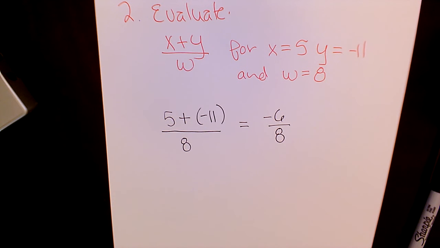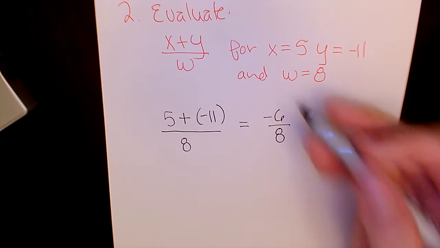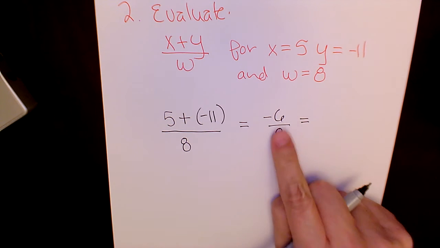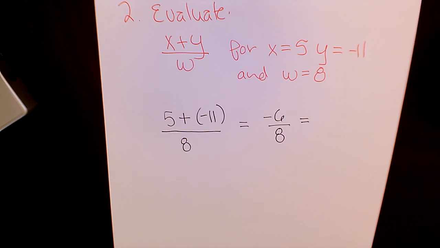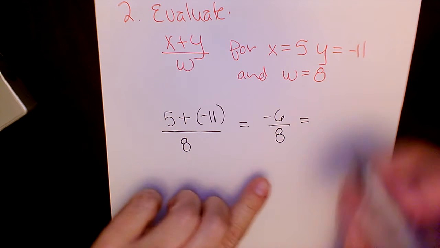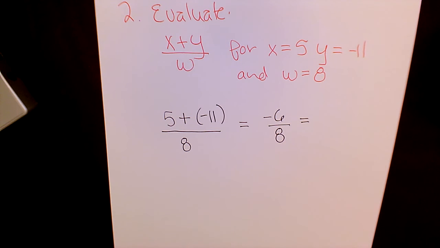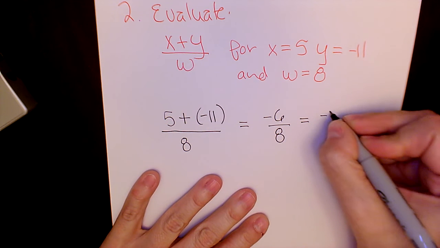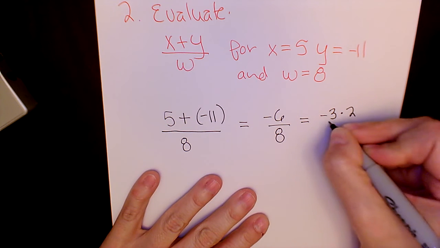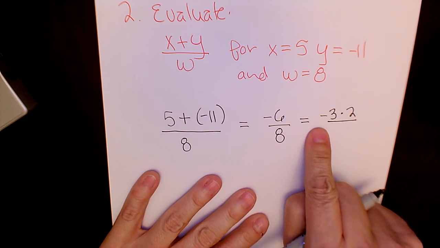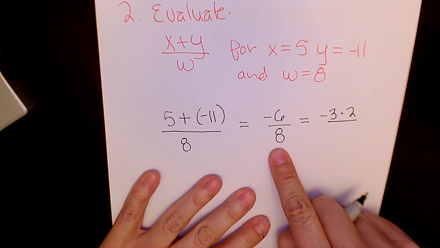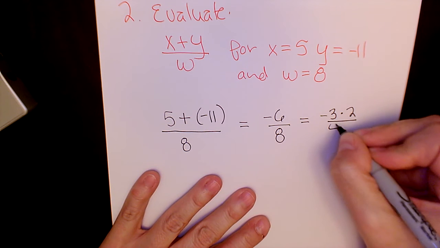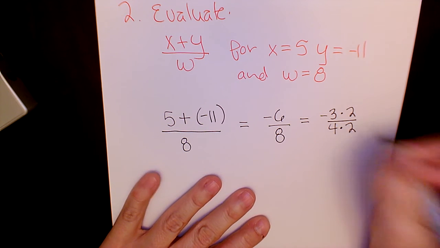I need that to be in simplest form, so whenever it's even, we know we can reduce. What are some factors of 6? There's not many. Let's say negative 3 times 2. I'm just going to carry that negative over. And 8 is just 4 times 2.